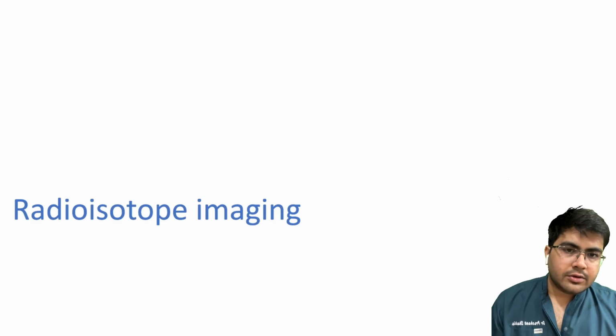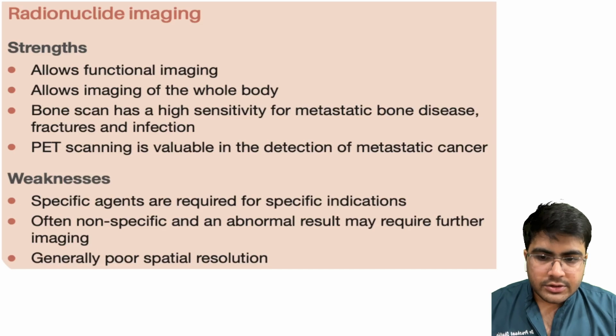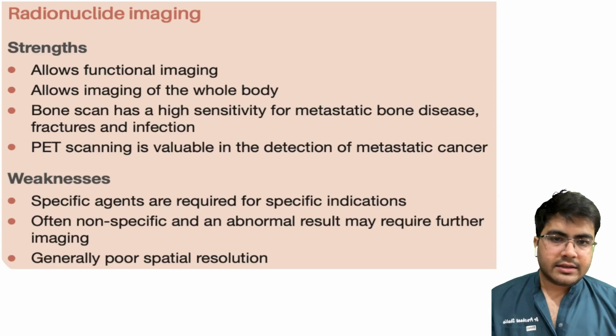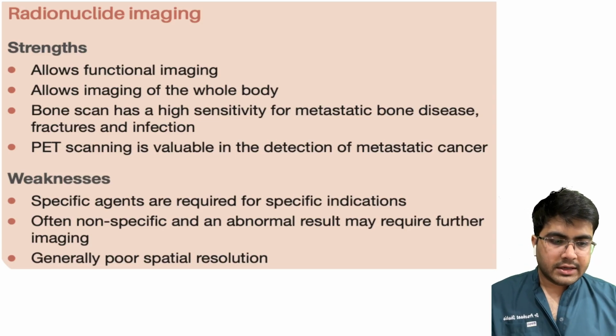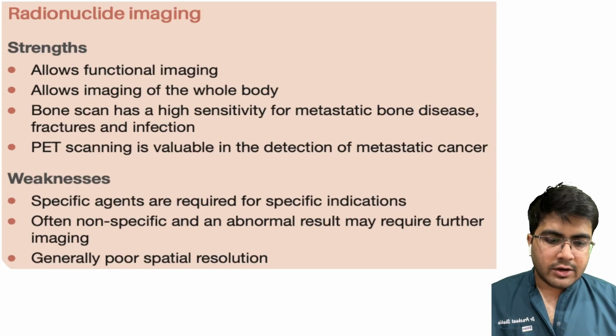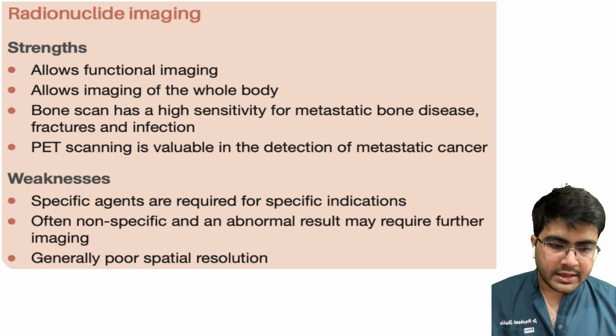Now coming to nuclear medicine, that is radioisotope imaging. The strength of radionuclide imaging is that it allows functional imaging and imaging of the whole body. Bone scan has a high sensitivity for metastatic bone disease, fractures and infection. PET scanning is valuable in detection of metastatic cancer.